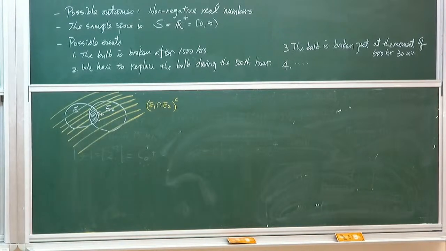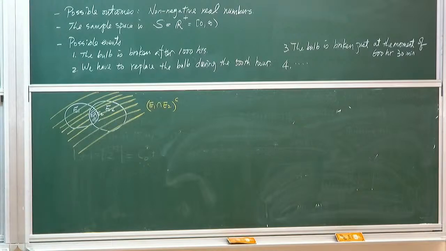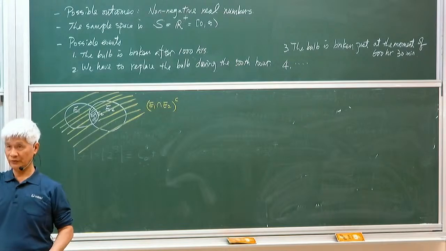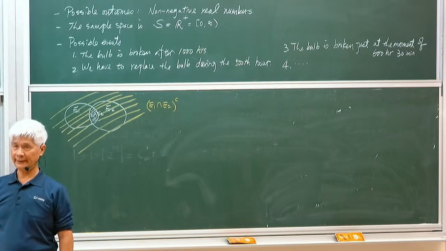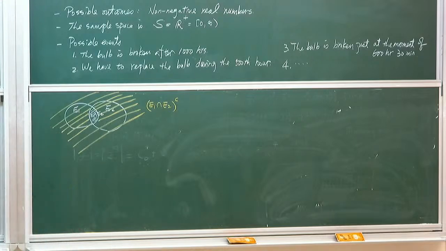So De Morgan's law actually is about logical reasoning, right? Because for all means intersection, for some means union. So this is De Morgan's law.